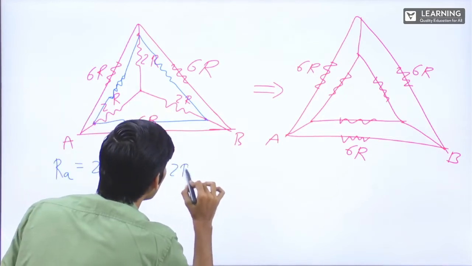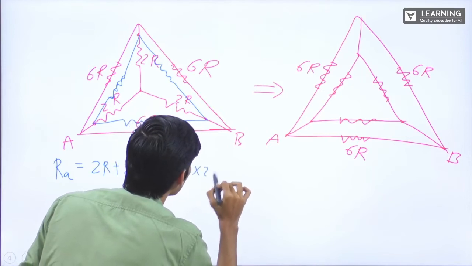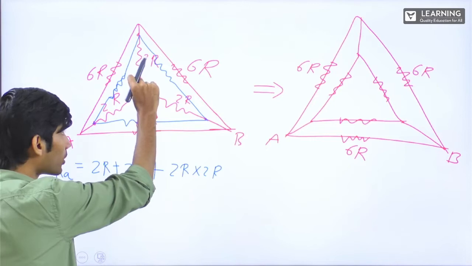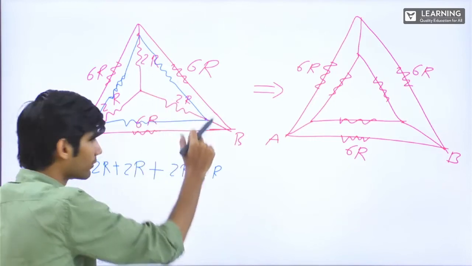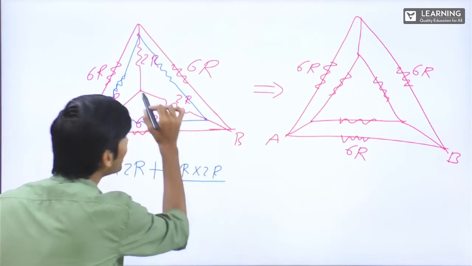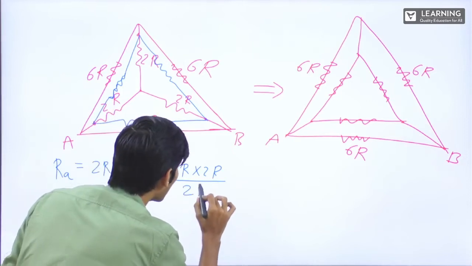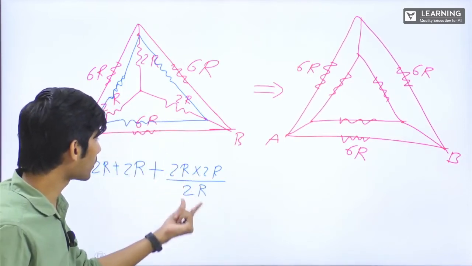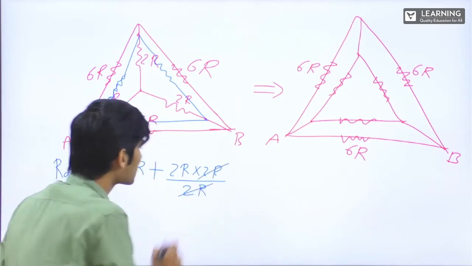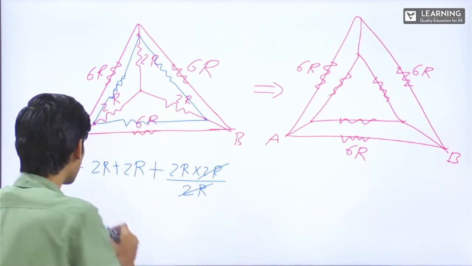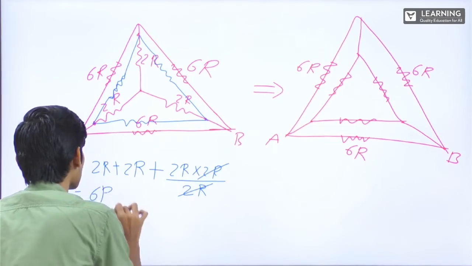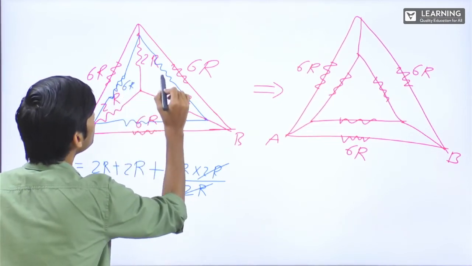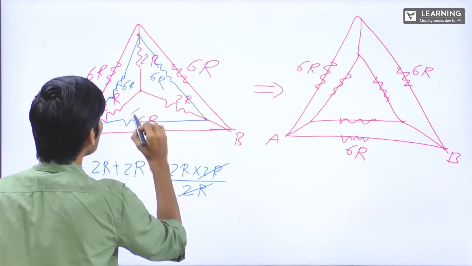Product means 2R into 2R. These two, the sum of these two first, then the product of these two divided by the other one. So 2R into 2R divided by the other one, which is also 2R. So this is 2R plus 2R and this is 4R square, or let's say 2R will be cancelled. 2R plus 2R, that is 6R. Clear? So Ra will be 6R. This will also be 6R and this will also be 6R.